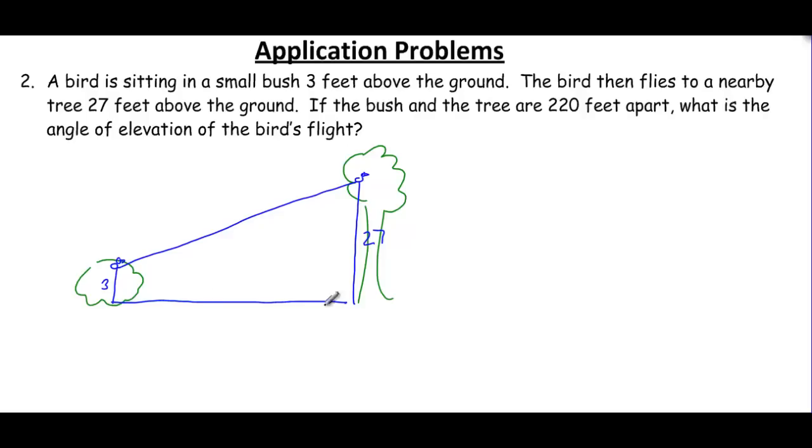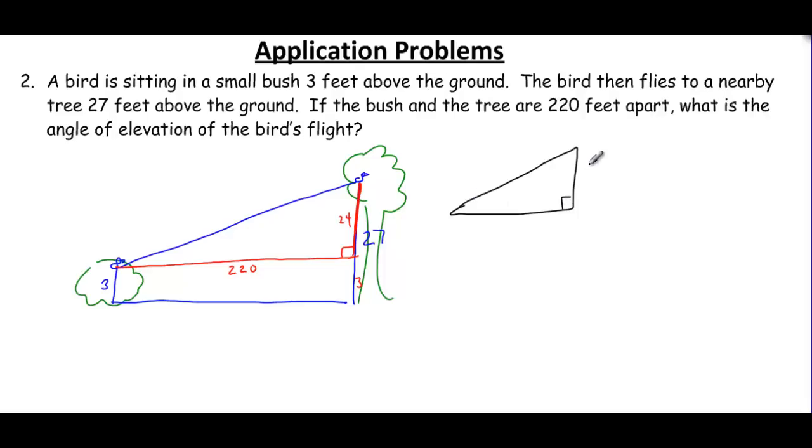Well, instead of drawing my line on the ground, I'm going to draw the line right here, horizontal from where the bird originally is. So that means this length right here is no longer 27 because we're starting 3 feet above, which means this is now 24. So I know this side is 24, here's my right angle, and I know that the tree and the bush were 220 apart. Well, if this is 220, we know that's 220. So here's my right triangle.